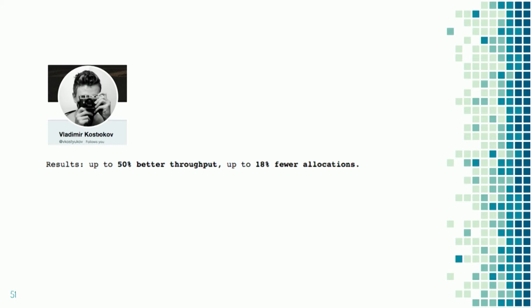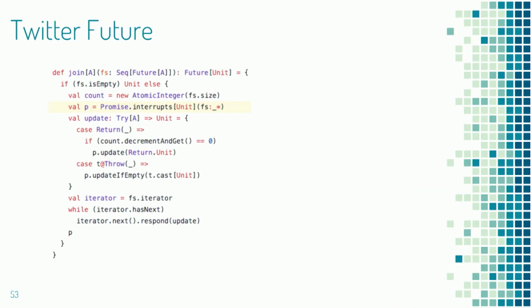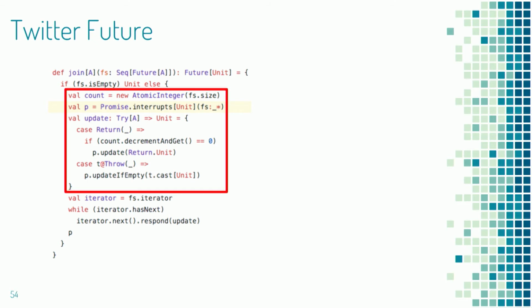The second one that I'm going to talk about is the merging interfaces technique. Here I have the join method. You give it a collection of futures, and it returns a future that will be fulfilled when all futures finish. And it has these 3 structures here: a counter, a promise, and an update function.